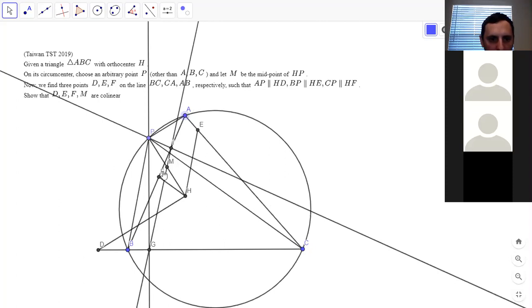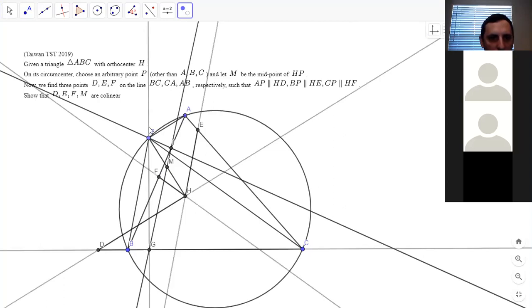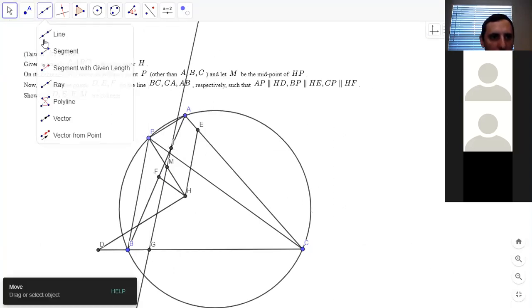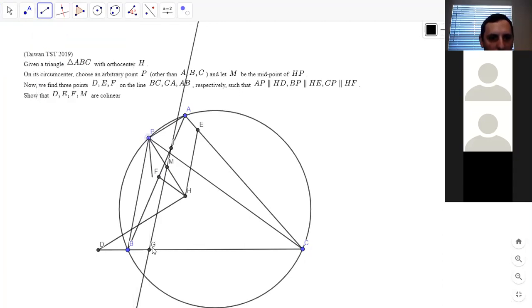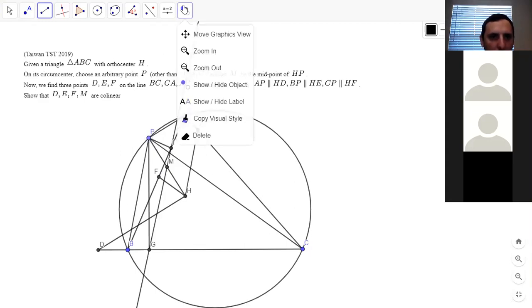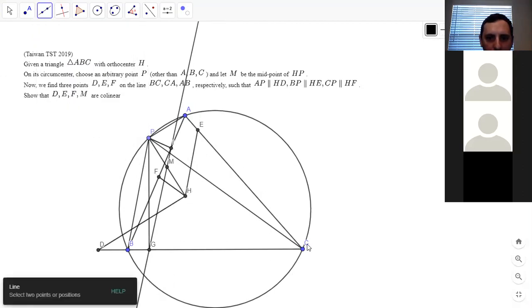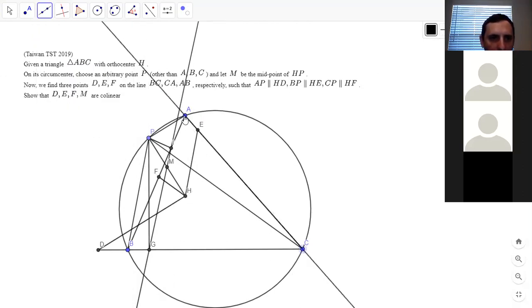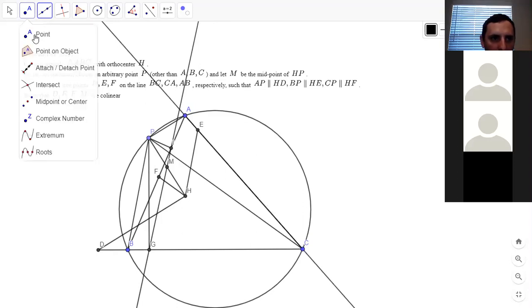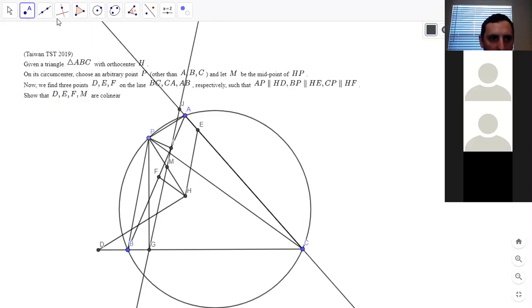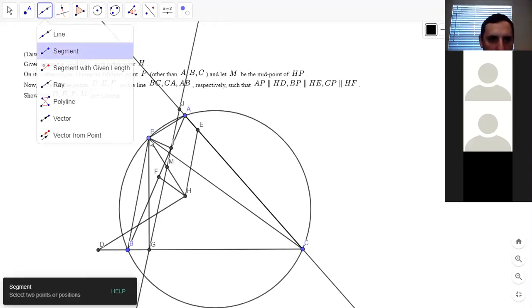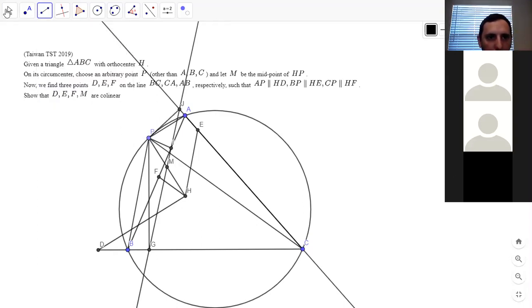We could draw the other perpendicular too. I'll do that just to make it look nicer. So there we have the Simpson line.